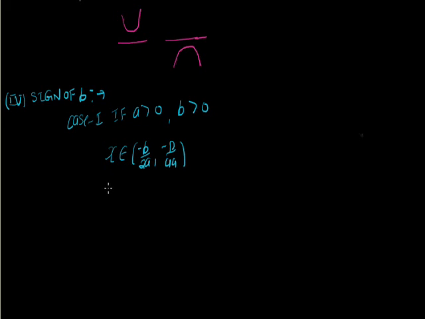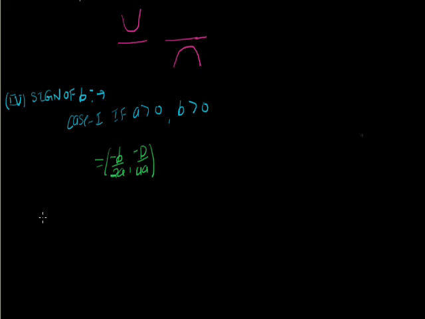So how does the sign of b affect the x coordinate of the vertex of the parabola? How can we represent this relation?